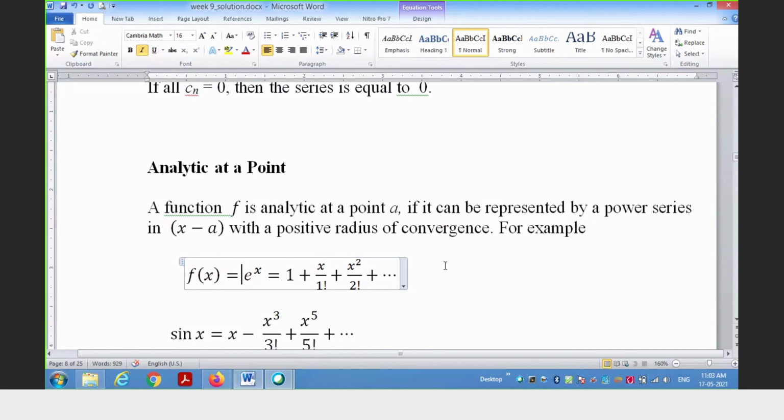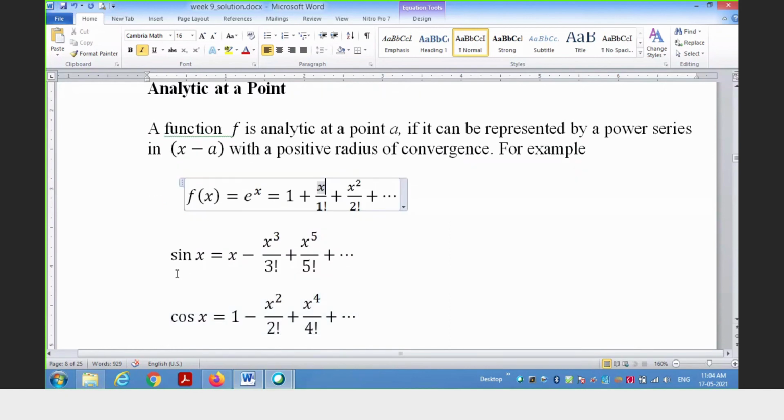And here a will be 0 because x equals x minus 0. So f here is analytic at x equal to 0, because the center of this Taylor expansion is at x equal to 0.